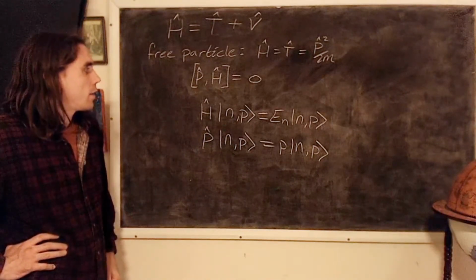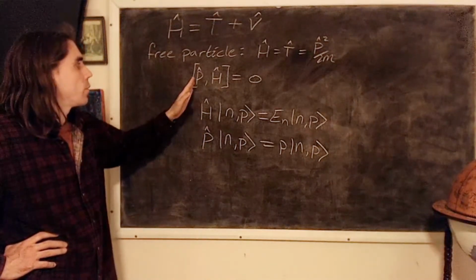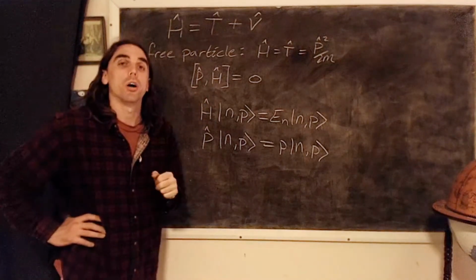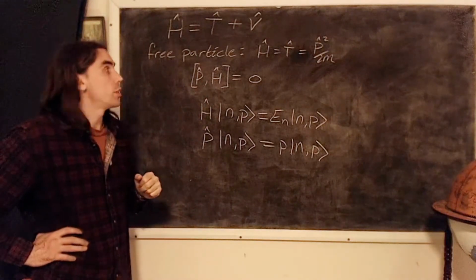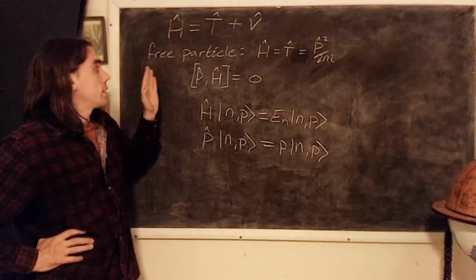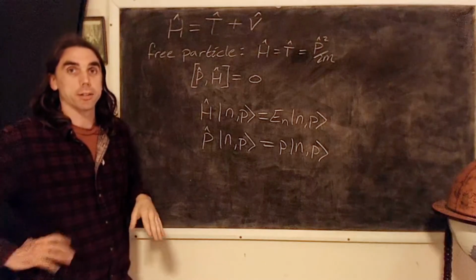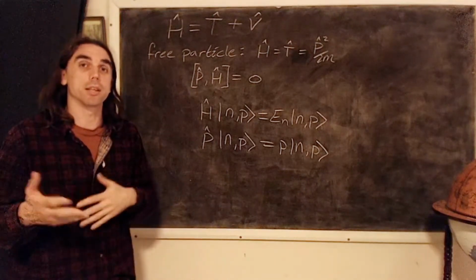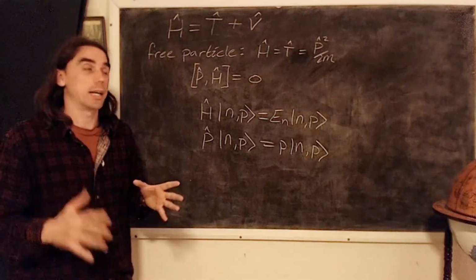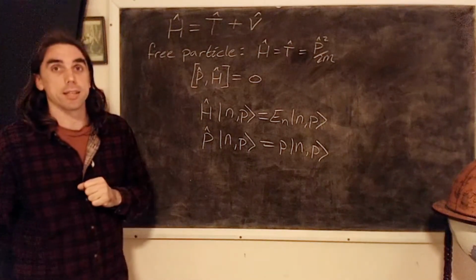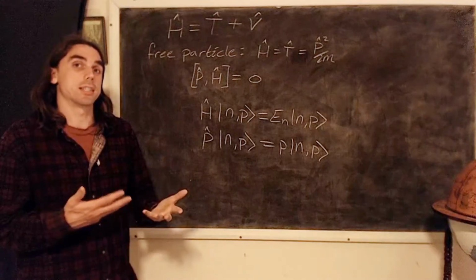So what this tells us is that whenever two operators commute, we can have simultaneous knowledge of the corresponding observables. So in the case of a free particle, we can simultaneously know the energy of the particle and the momentum of the particle, and there's no contradiction there. The uncertainty relation doesn't constrain us in that case, because the uncertainties in the two quantities can both be 0.